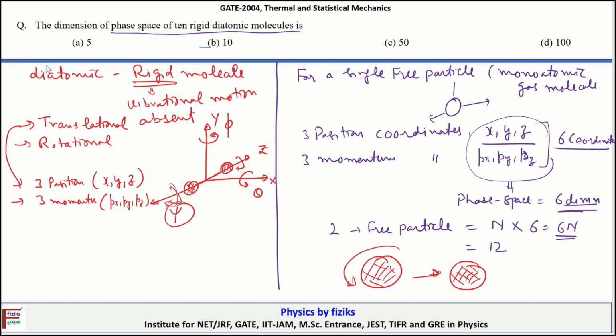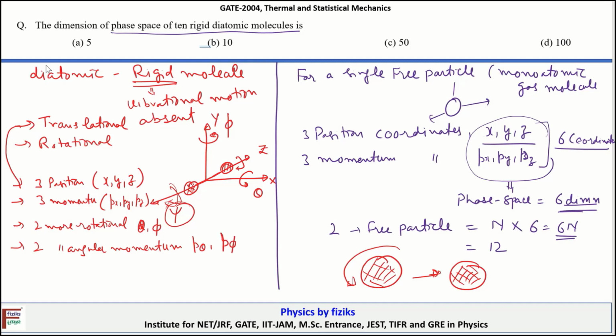So to describe the rotational motion of the gas molecule we require two more rotational coordinates, named theta and phi, and then 2 more angular momentum coordinates labeled p theta and p phi.